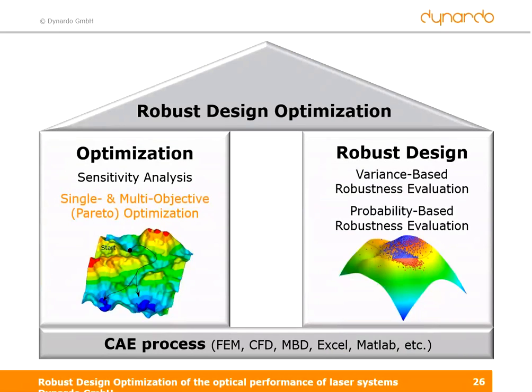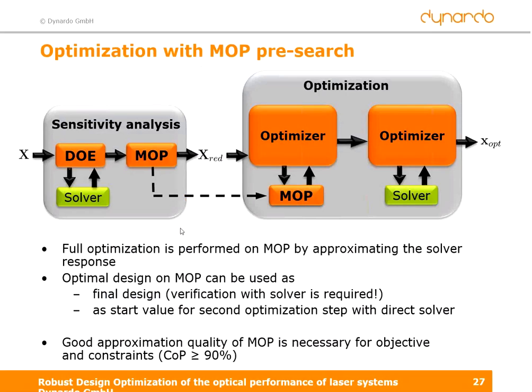And this MOP, this meta model, can be used for pre-optimization, for example. Now we are in the optimization part. As you can see here, our input parameters are reduced by the sensitivity analysis to the really important input parameters. And now you can use this reduced data set, or reduced input parameters, to do the optimization.